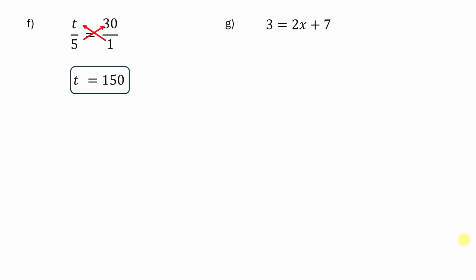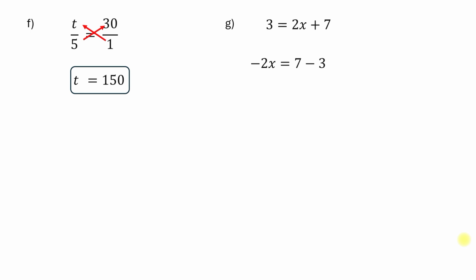Question G, 3 equals 2x plus 7. We want to get all our variables on the left-hand side and all our numbers without variables on the right-hand side. So we'll take that 2x, bring it over to the other side where it becomes a negative 2x. And we'll take the 3 that's on the left-hand side, bring it over to the right where it becomes a negative 3.